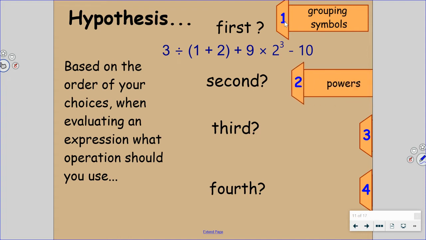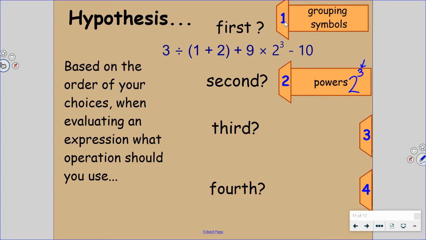After you do any grouping symbols, then you execute any powers involved. Now, remember that a power is any base multiplied repeatedly. It's the exponent that tells you how many, but you can't do an exponent if you just covered up the 2 there. How do you do 3? I don't know. But I do know how to compute 2 to the 3rd power, 2 times 2 times 2. All right, onward we go.